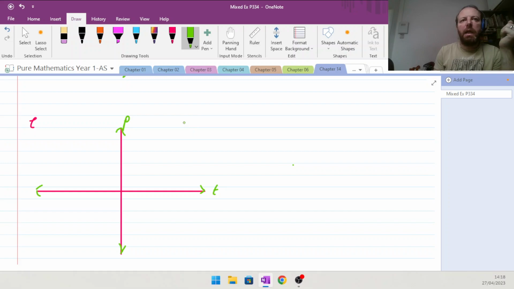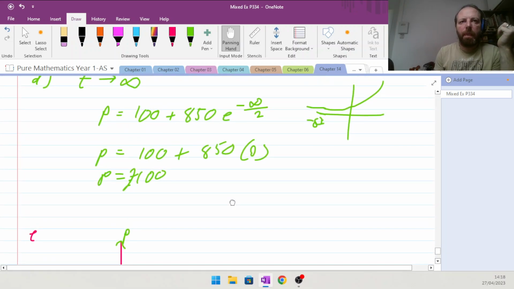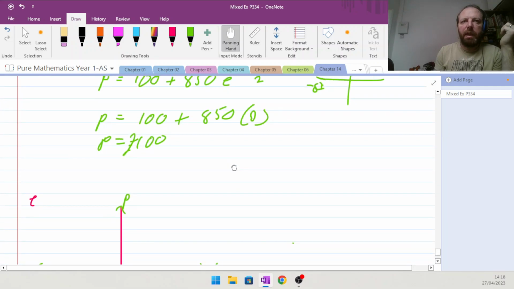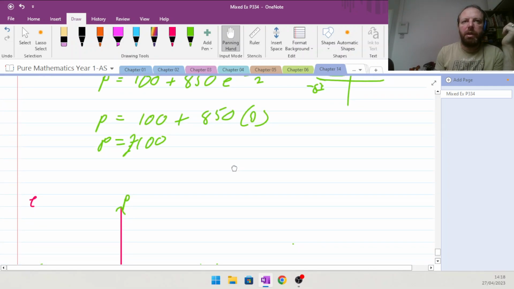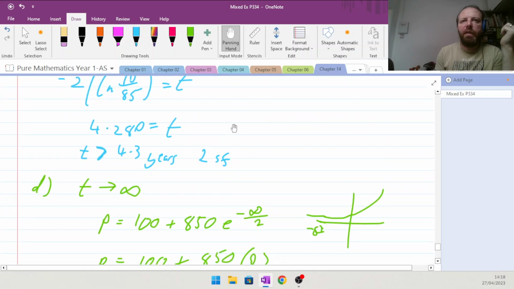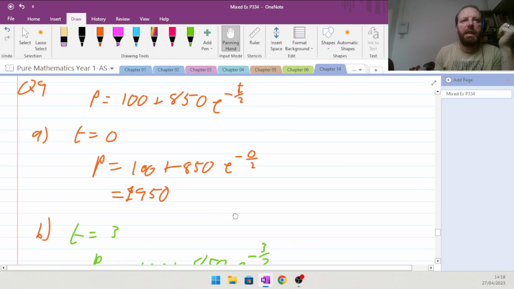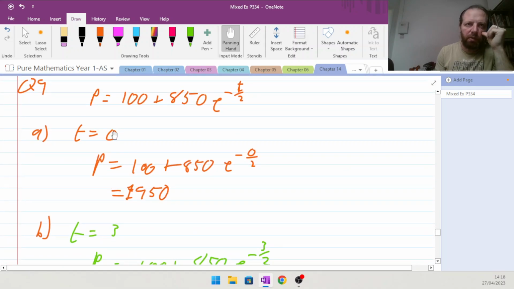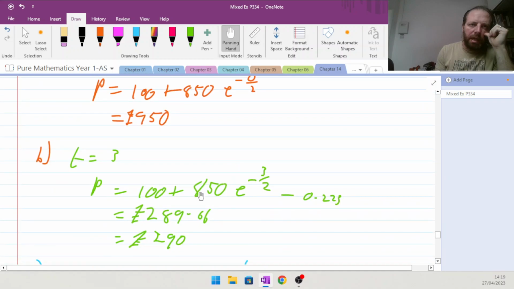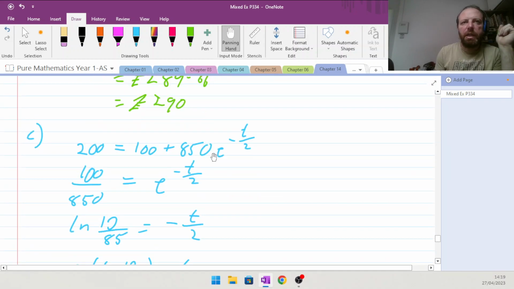Okay, and as we go up, we have £100 there. What was it at 950? When t equals 0, we went through at 950. And then by t equals 3, we were at 290.